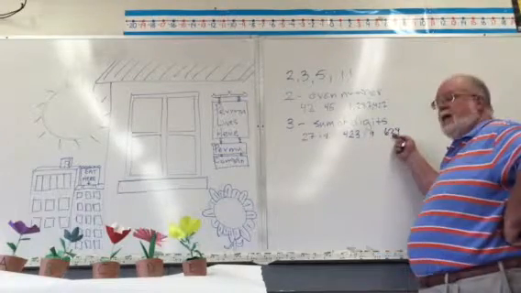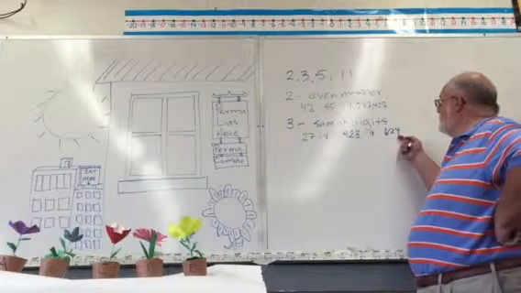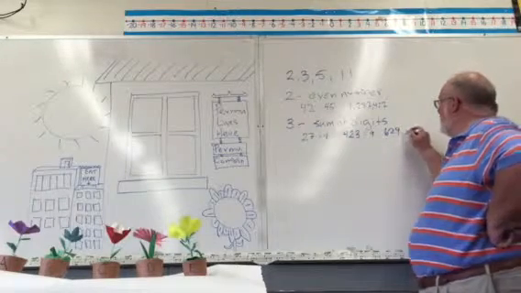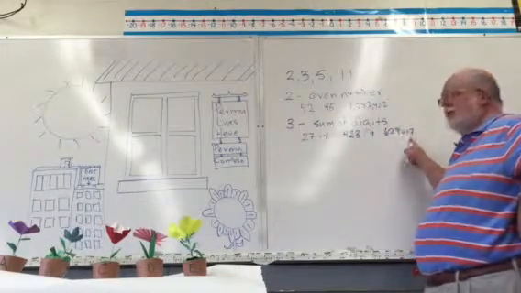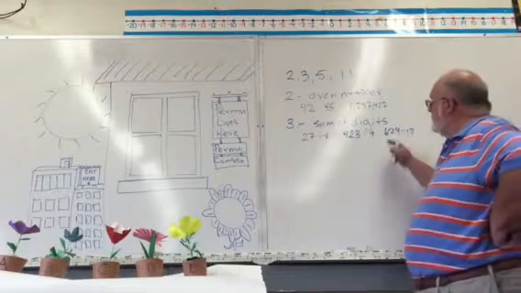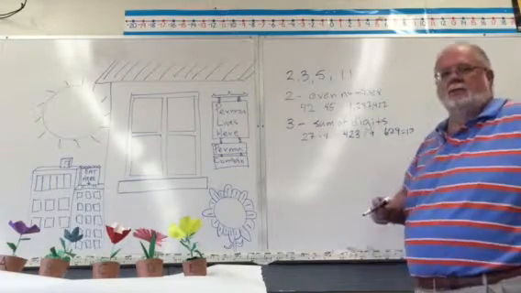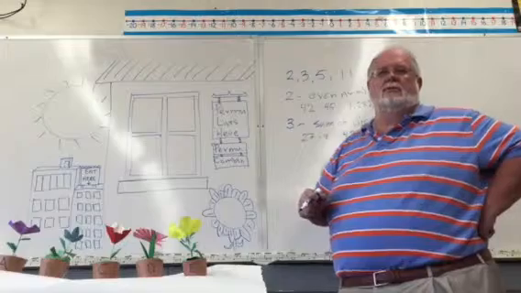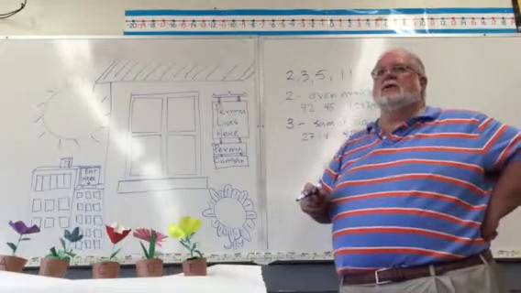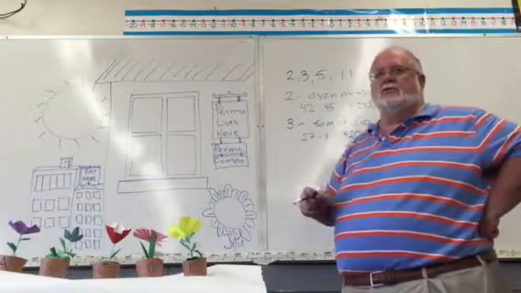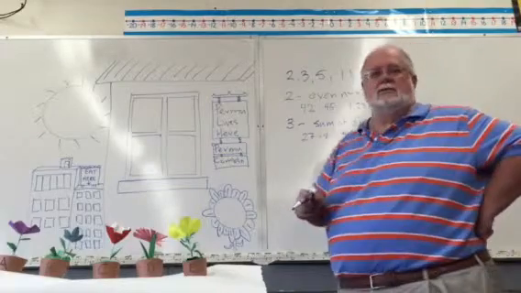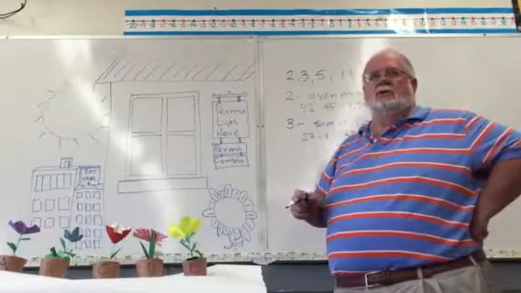Well, 6 plus 2 is 8, plus 9 is 17. 3 does not go into 17, so 3 does not go into 629. Why don't you take a moment here, stop the video, see if you can find 3 other numbers that have at least 3 digits that 3 will go into.